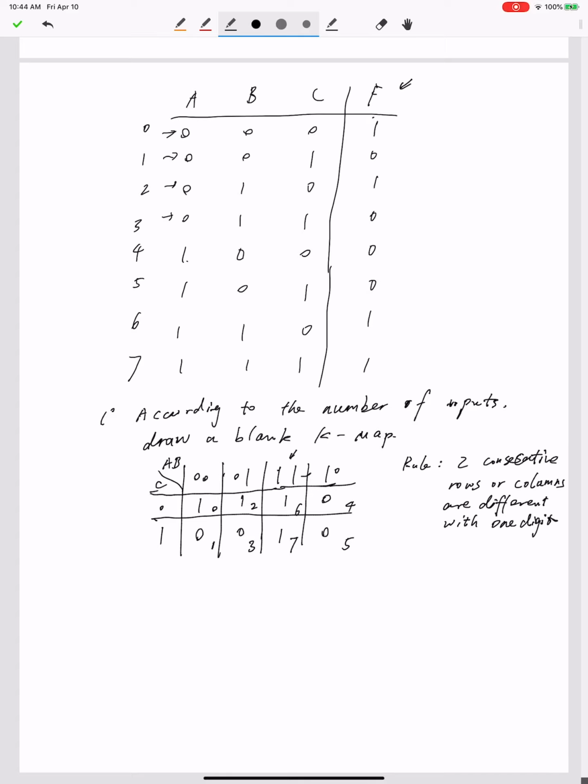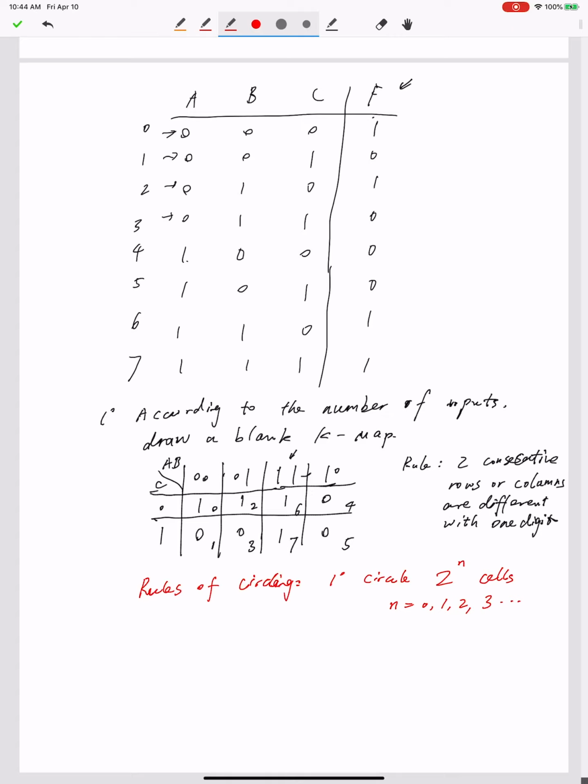After you finish filling ones into the kernel map, the next step is also very important. We need to circle these ones, okay? And these are the rules of circling. The first rule is we can only circle 2 to the power of n cells, where n is an integer: 0, 1, 2, 3, and so on.